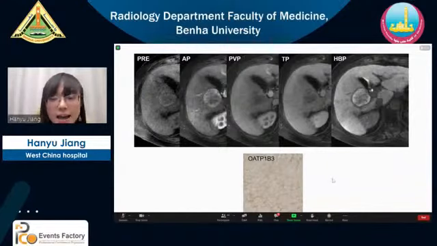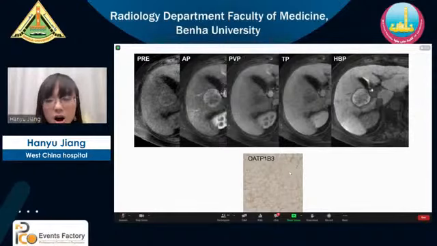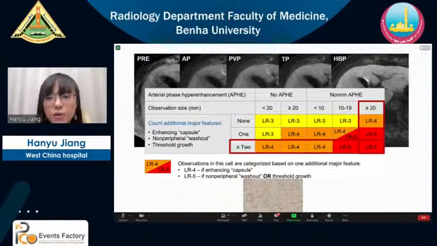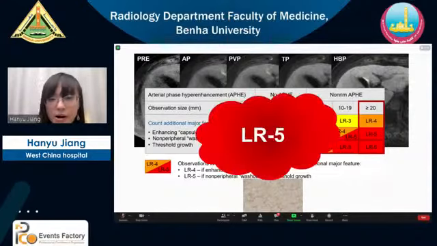And the IHC staining also reveals that the OATP1B3 transporter on the cell membrane of the tumor cells is overexpressed. So for this patient, over 2 centimeters in diameter with non-rim APHE, and over 2 additional major features, this is an LR5 observation and also an HCC.